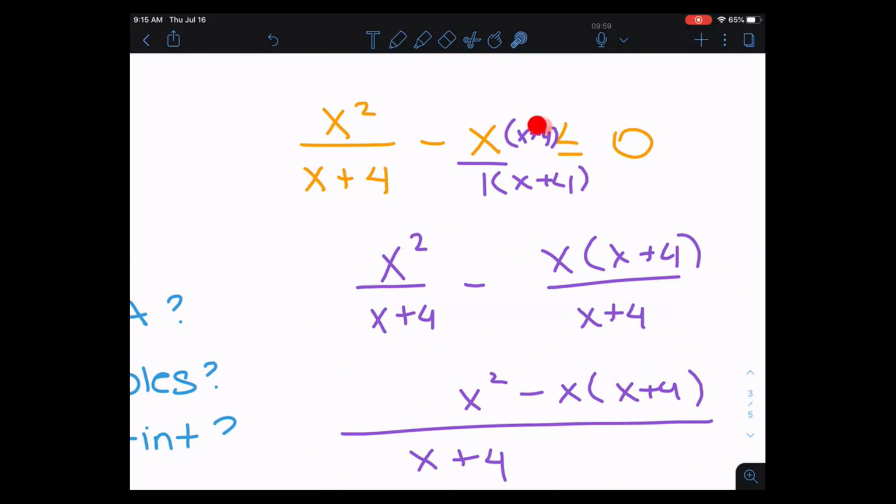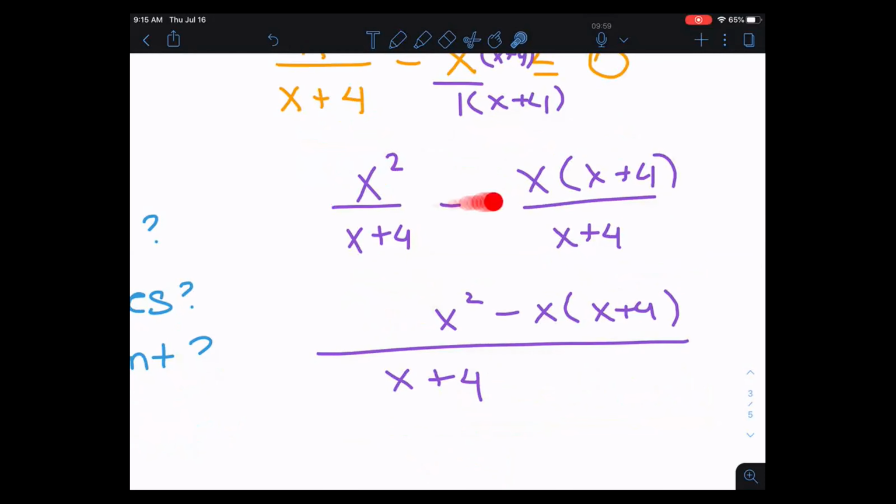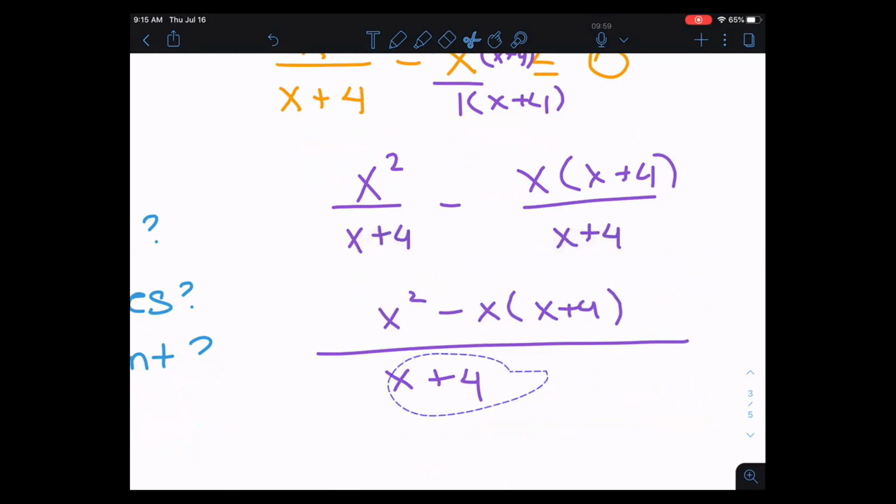So this is what we get after we actually multiply. So we would multiply x times x plus 4 all over x plus 4. Whenever you have denominators that are the same, all you have to do is subtract the tops. You can subtract the tops and write them all over the same denominator. So that's what we have here. So this is the top part. So we're subtracting the top part over the same denominator.